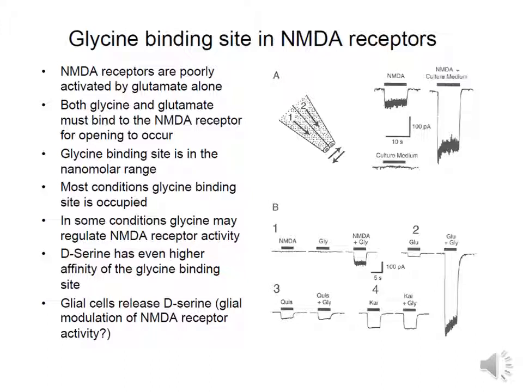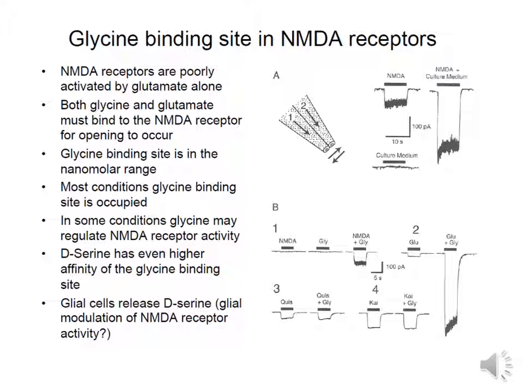The concentrations of glycine are really small, in the nanomolar range, and very small amounts are required for binding to the channel. During normal conditions, the glycine binding site is occupied by glycine, so you only need glutamate to bind. But in some conditions, glycine may also regulate NMDA receptor activity by binding or unbinding.